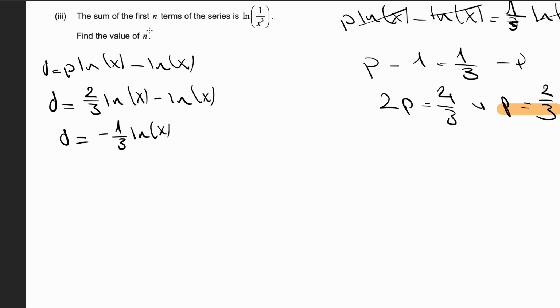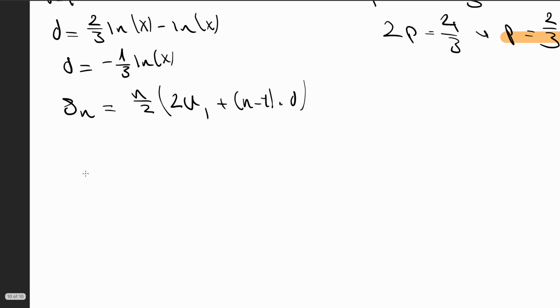Alright. So the sum of the first n terms, the equation of that is n over 2. So we don't have the term for un, so you have to use this, 2 times u1 plus n minus 1 times d, because we want to solve for d. So before substituting in any values, I'm going to simplify the equation itself.